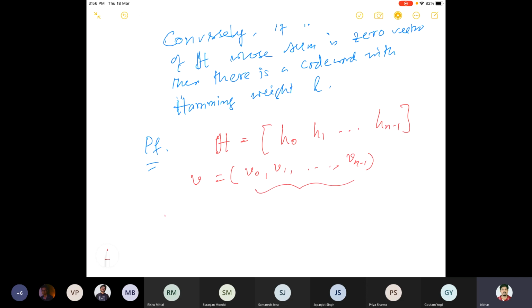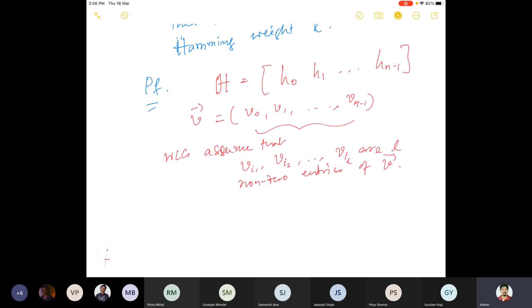Okay, so without loss of generality, assume that V(i1), V(i2), ..., V(iL) are the L non-zero entries of V, and these non-zero entries are equal to 1.